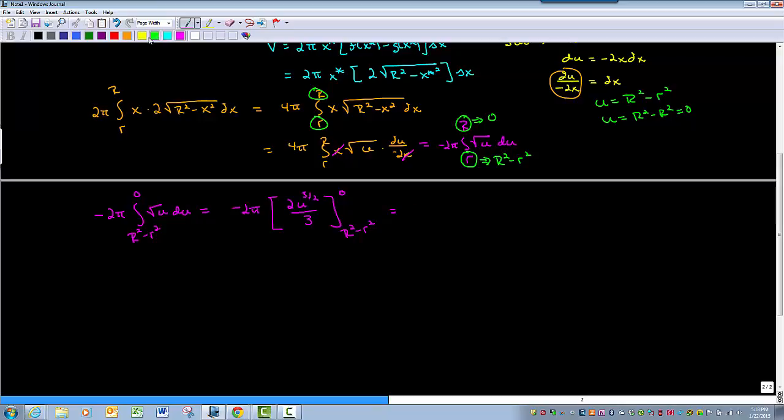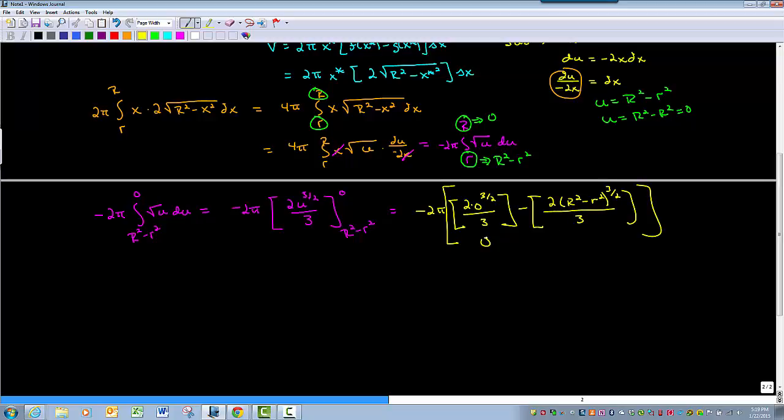And so when I plug in 0 first, I get negative 2 pi times 2 times 0 to the 3/2 over 3. And then we're going to subtract this guy plugged into here, which is 2 times big R squared minus little r squared, to the 3/2 over 3.